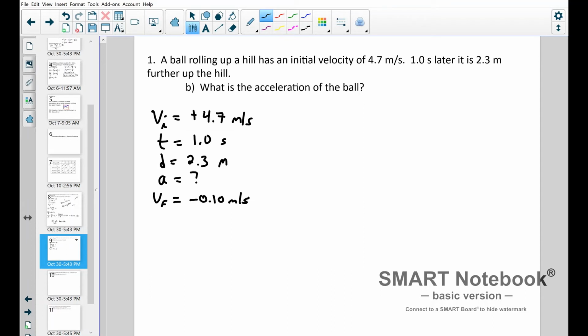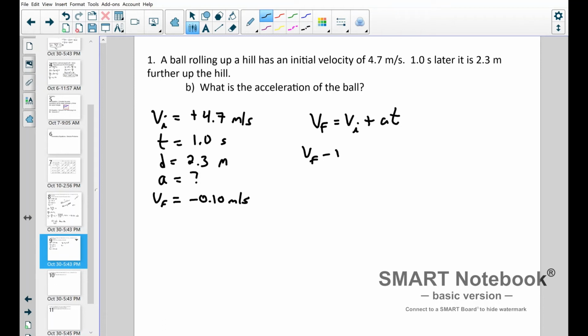So it doesn't really matter which formula I use from this chart, as long as it has A in it, because that's what I need to find. I know all 4 other quantities, so it doesn't make a difference which one I choose. So I'm going to pick an easy one, where there are no squareds and nothing to solve for, where I might have to do 2 steps.